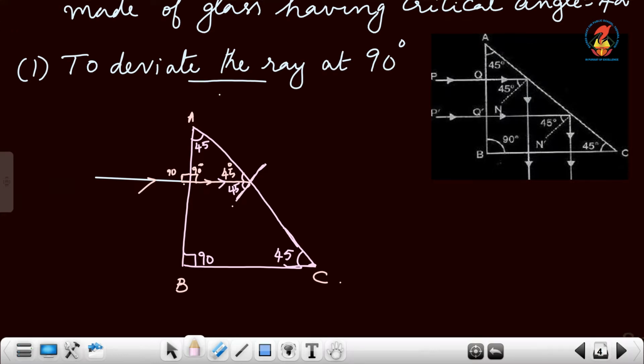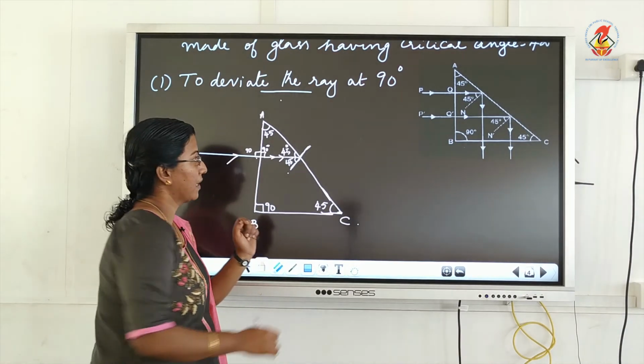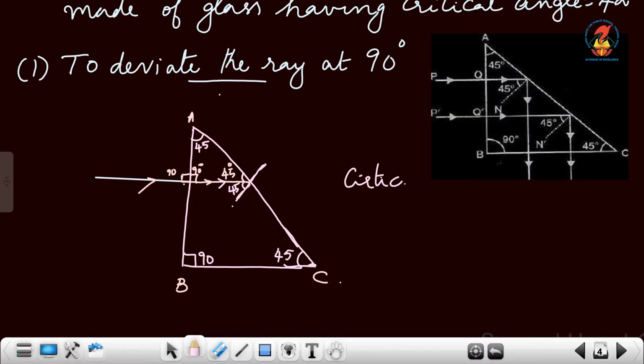I told you for a total reflecting prism, the critical angle is 42 degrees. So here, the 45 degree angle of incidence is greater than 42 degrees. So what will happen? The ray will get totally reflected and will hit the other face BC of the prism. Now, this angle is 45, so definitely this angle will be 90 degrees.